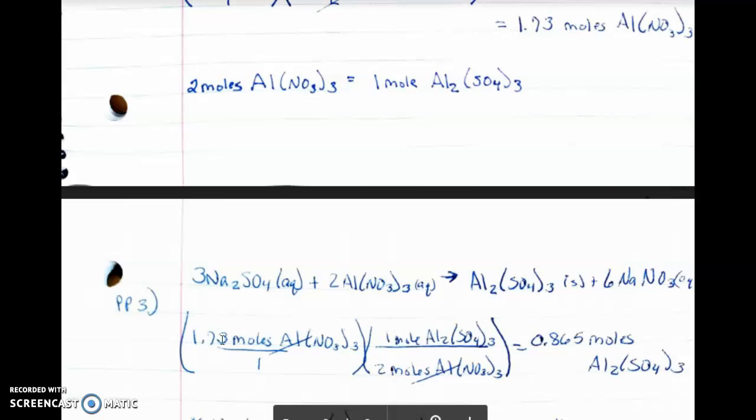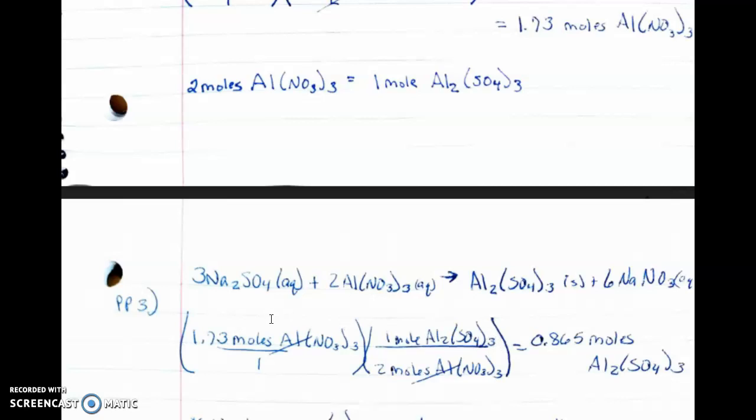So I can use this relationship to determine how many moles I'm going to generate if I only have 1.73 moles. So I'm going to take my 1.73 moles of aluminum nitrate, and just so that I don't have to remember which direction is which, I know that I need my moles of aluminum nitrate to cancel, so that 2 moles is going to go in the denominator, and the 1 mole of aluminum sulfate, what I want to know, is going to go in the numerator.